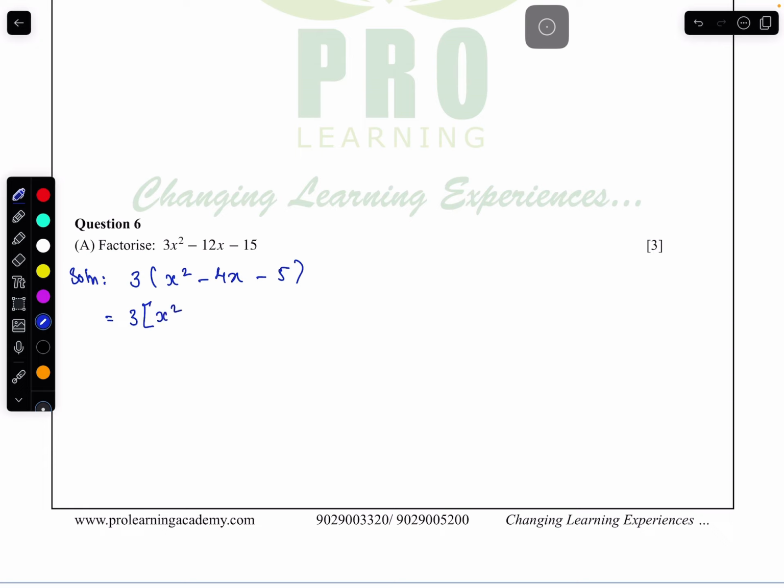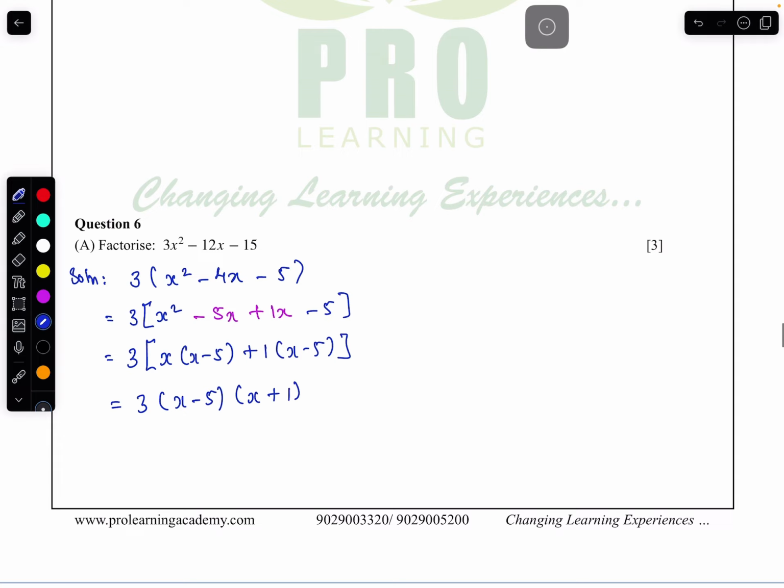So we have x squared minus 5x plus 1x minus 5 sitting here again. So which is going to be 3 times x out, x minus 5, plus 1 out, x minus 5. So we are left with 3 times x minus 5, and the other factor is x plus 1.